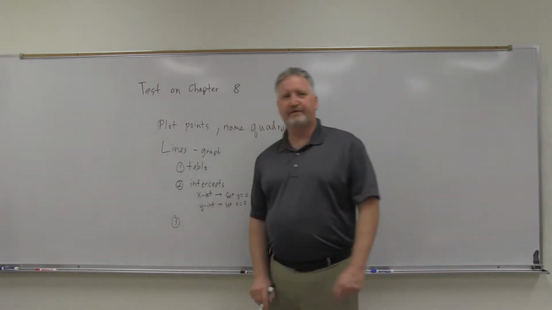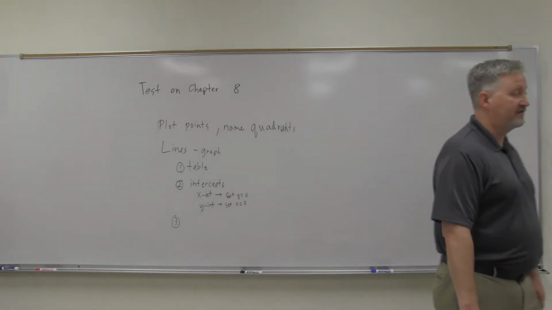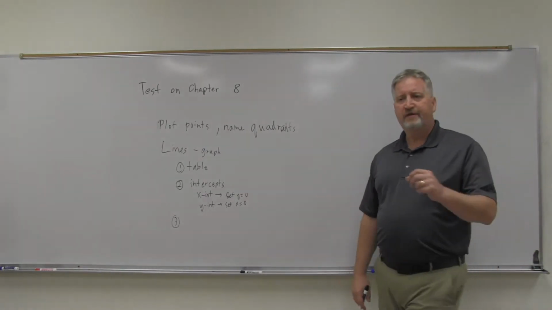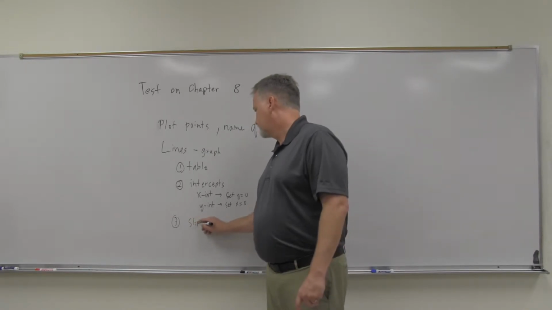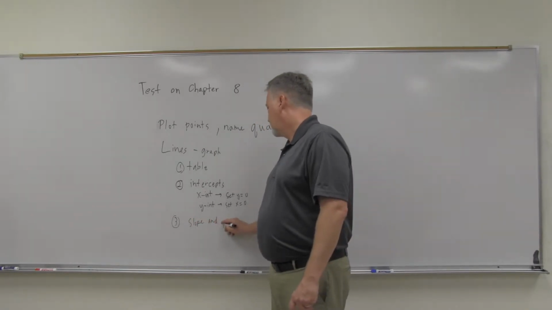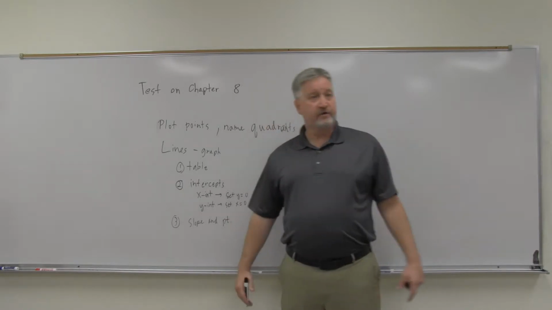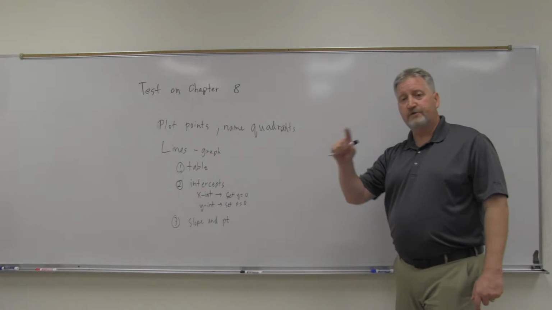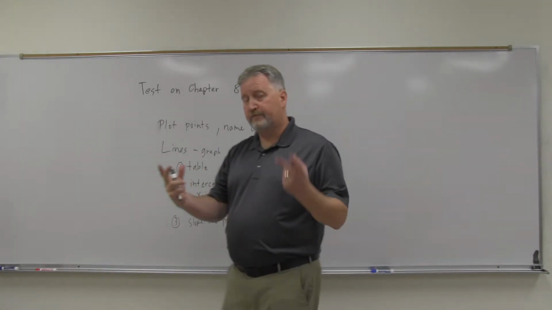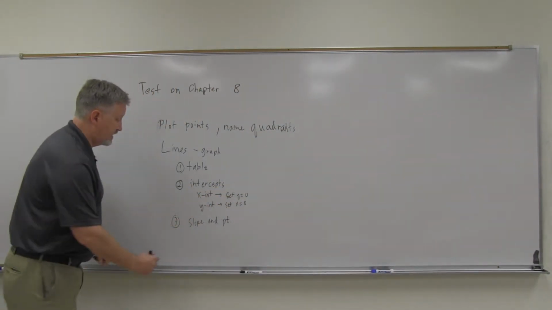Also, we did quite a few ways. We also graph these lines. Say I'm given the slope and a point. You can graph the line, can't you? Because you just go to that point, and the way we did it then was interpret the slope as rise over run.